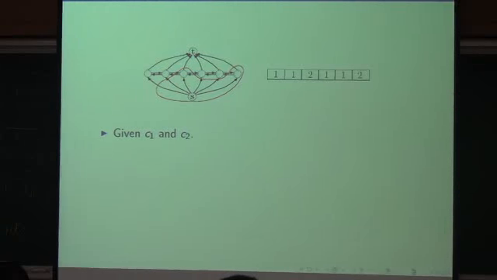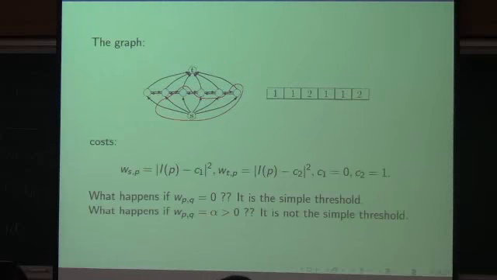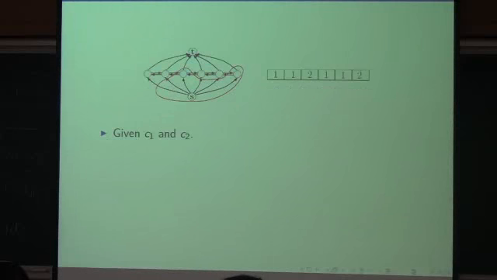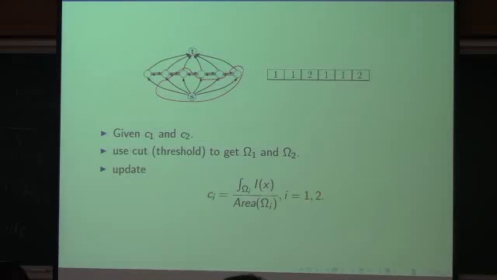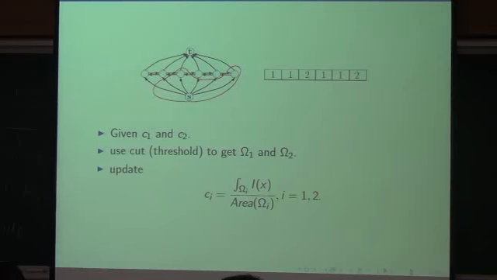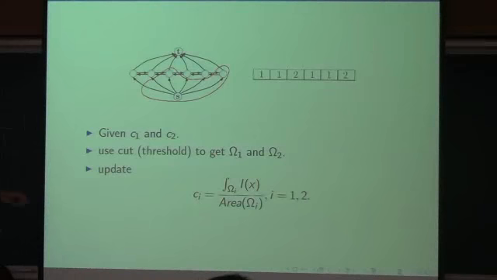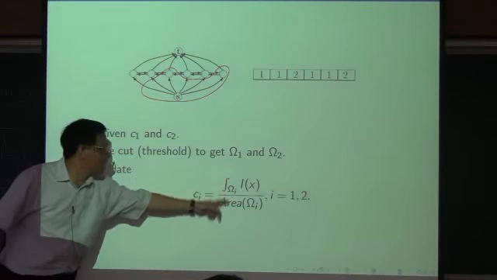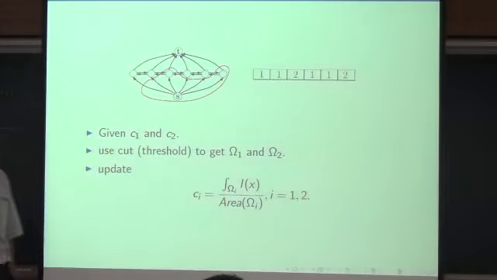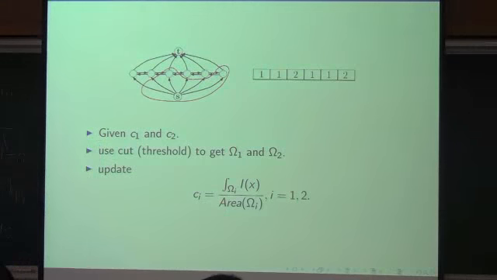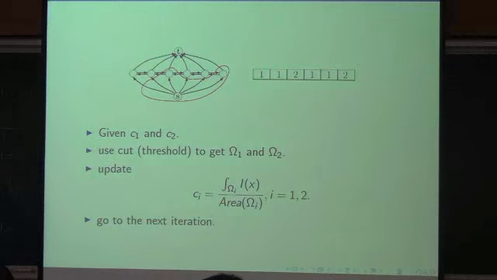That's assuming you know C1, C2. If you don't know C1, C2, then given C1, C2, use a cut to find the regions omega 1, omega 2. Then you minimize with respect to C1, C2, which is the same as what we talked about earlier: you just average the pixels. Then you iterate, switching back and forth.